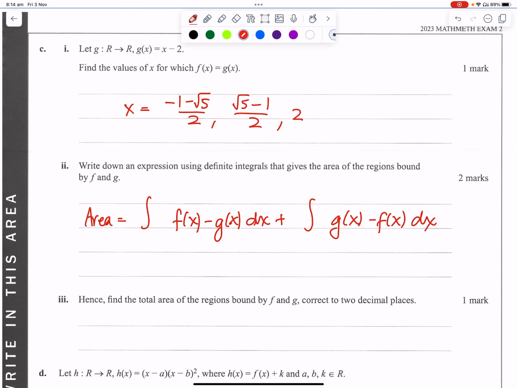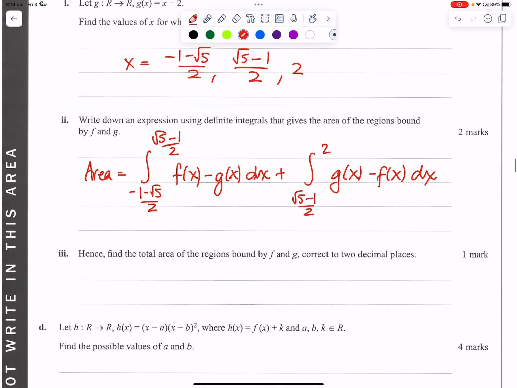The lowest value, -1 minus root 5 on 2, root 5 minus 1 on 2, and this one's going to be root 5 minus 1 on 2 to 2. That should be right. Hence, find the total area of the regions.